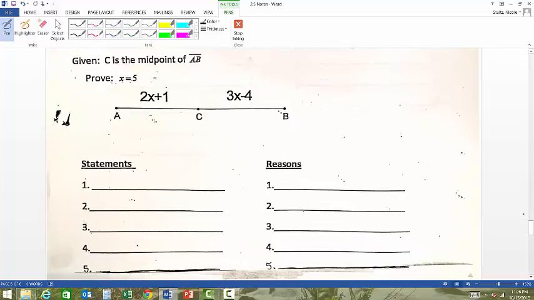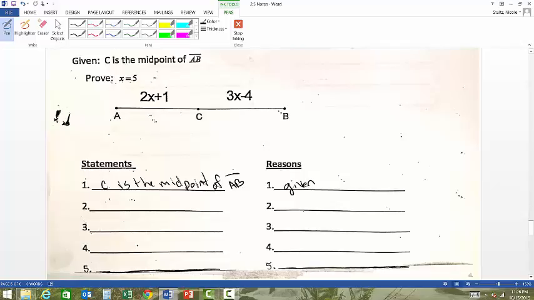All right, the next proof is actually more algebraic. So it looks like we're given that C is the midpoint, so let's write that down. Okay, now, since C is the midpoint of AB, I have to think, what do I know from that fact?